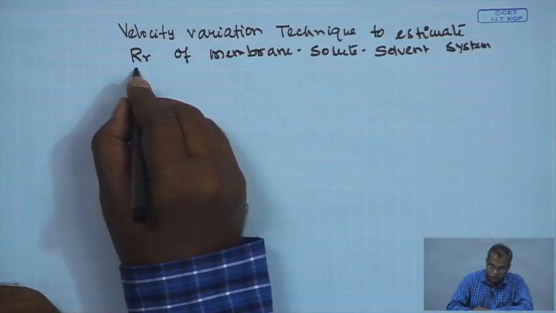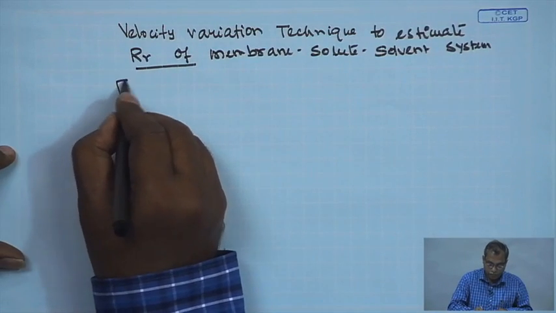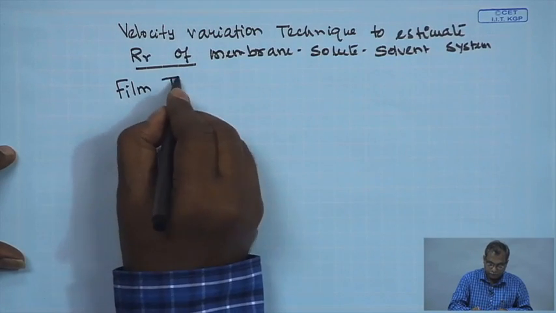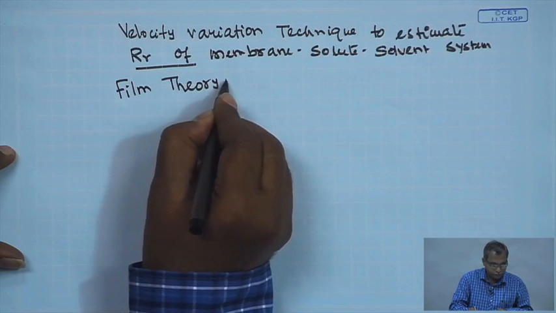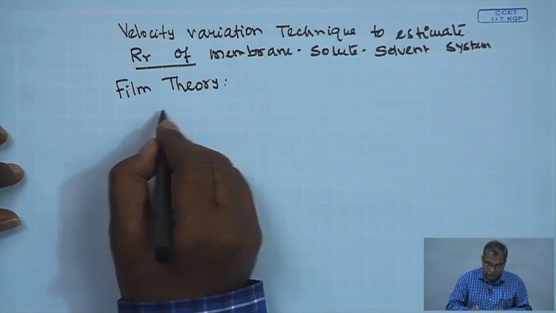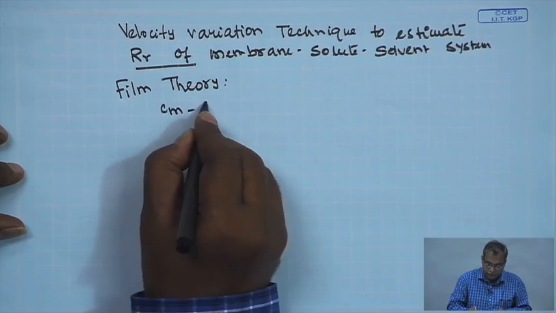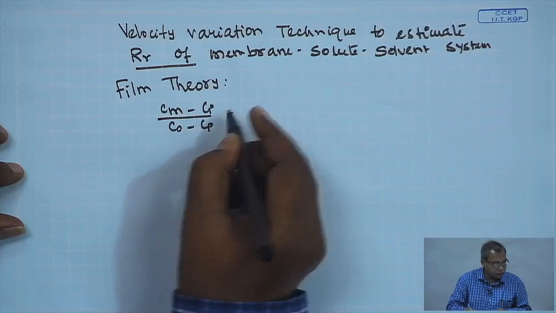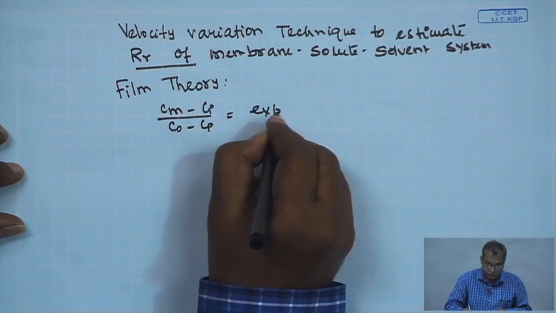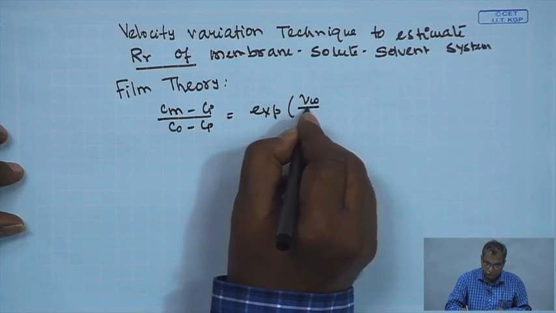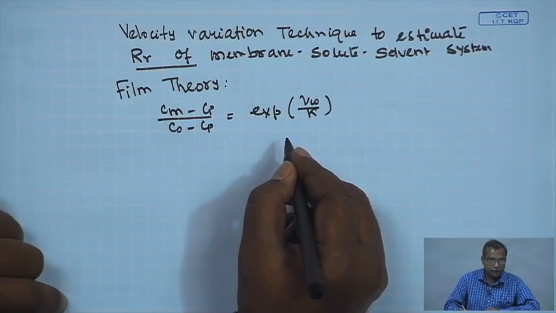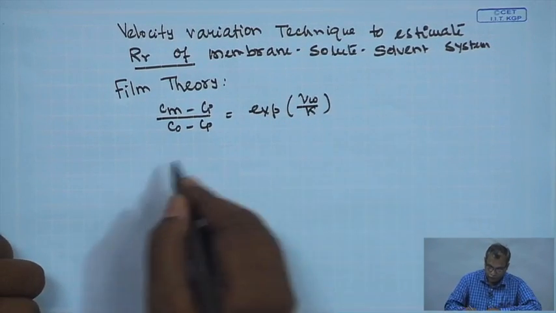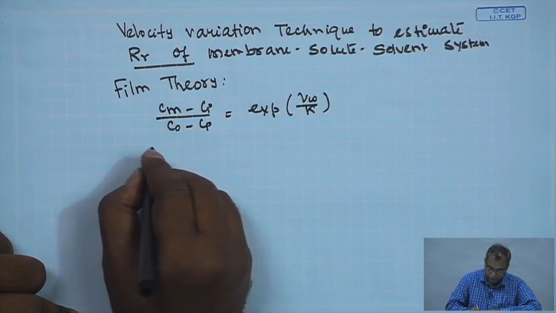So, we take recourse to the film theory model and its equation: Cm minus Cp divided by C naught minus Cp is equal to exponential Vw by k.